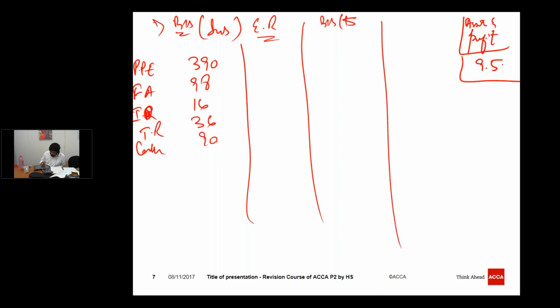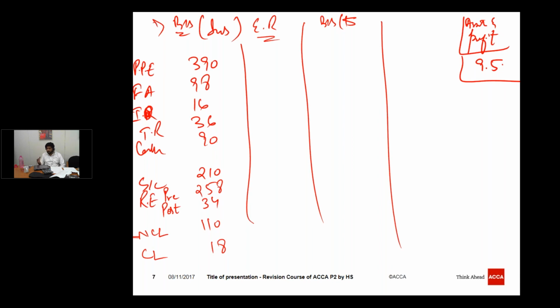Cash is 90. Then we have the share capital, that is 210. Reserves, retained earnings, pre-acquisition is 258, and the post-acquisition retained earnings, the incremental amount, is 34. Then we have non-current liabilities, that is 110, and we have current liabilities of 18. So this is the overall balance sheet of the Tesla company in dinars.